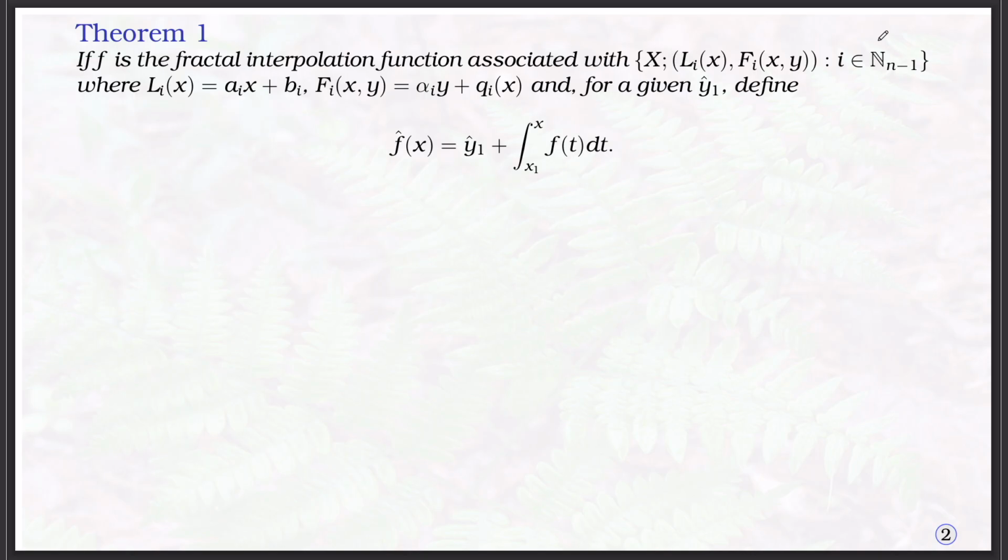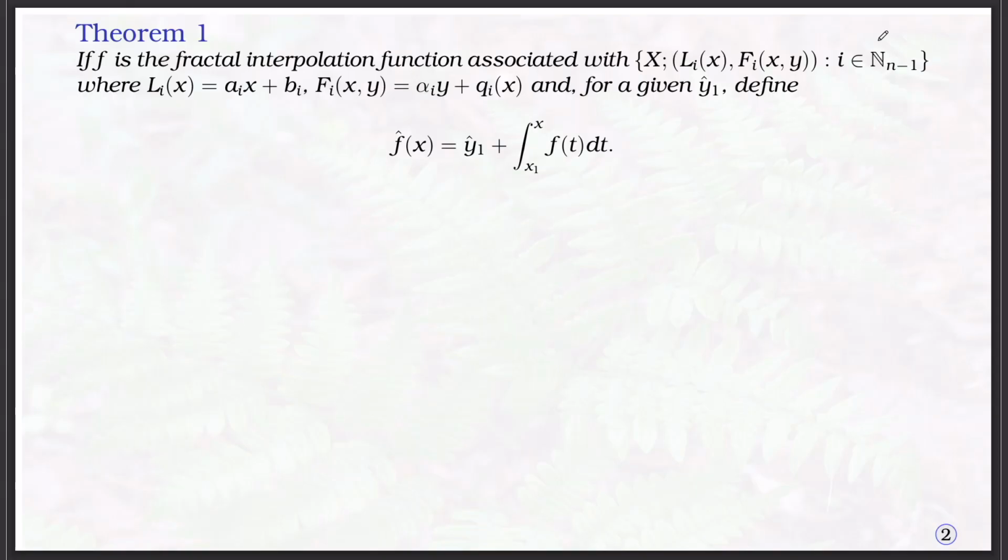As we know, if the data points are given, by fixing the scaling factor one can generate the fractal interpolation function. Now once the fractal interpolation function is generated, by using the same function, how to produce a new fractal interpolation function, that we will discuss here.